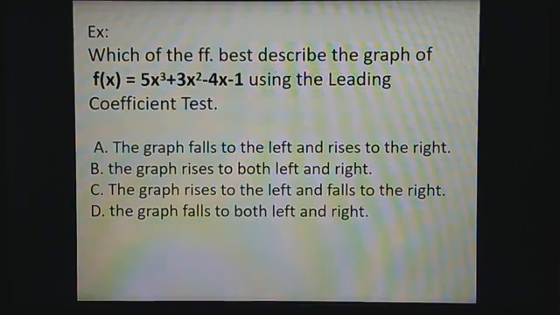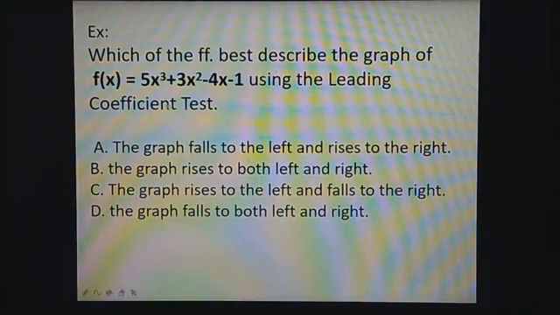Okay, let's have another example. Which of the following best describes the graph of f of x is equal to 5x raised to 3 plus 3x squared minus 4x minus 1 using the leading coefficient test? Leading coefficient test. So, ang titingnan natin dyan, ano ba ang degree at ano ang leading coefficient, para malaman natin kung rises or falls ba ang left and right behavior niya.